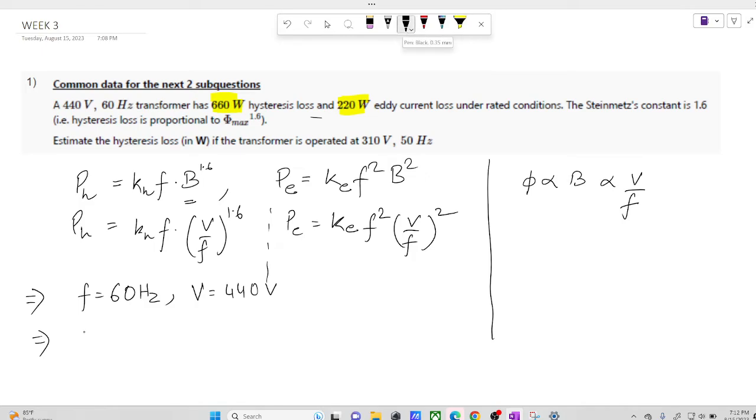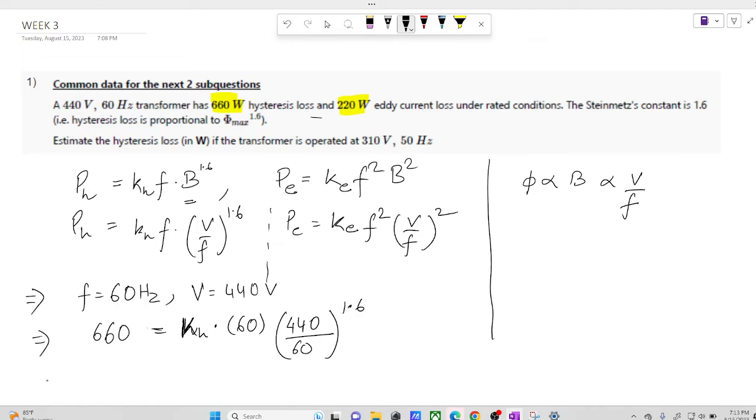So substitute here, you will get 660 watt equal to K_H, F is given as 60, V is 440 volt, upon 60, to the power of 1.6. From here you can get the value of K_H, the proportionality constant.